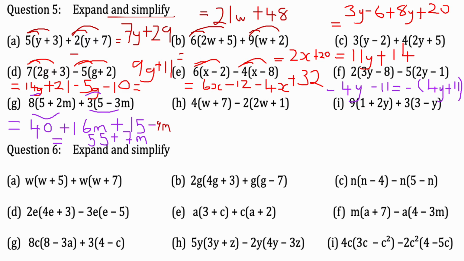Next one, guys. 4 lots of w is 4w, and 4 lots of positive 7 is positive 28. Then I've got minus 2 lots of 2w, which becomes minus 4w. And minus 2 times positive 1 becomes negative 2.